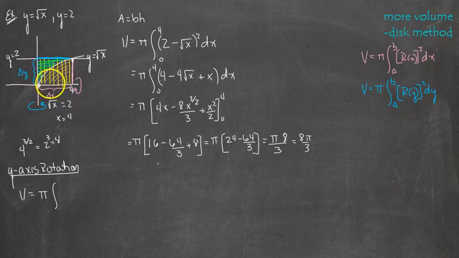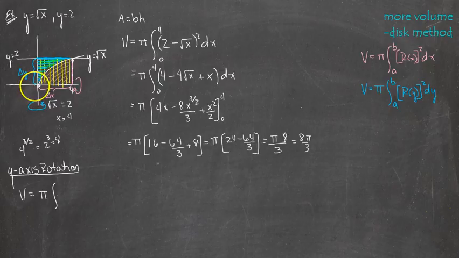So when I wrote my function, I had to take the whole amount and then take away this bottom part. But when I'm looking from the perspective of the y, doing a rotation around the y, I don't have anything that has to be taken away. My radius is connected to the y-axis completely, and so I don't have to worry about that.